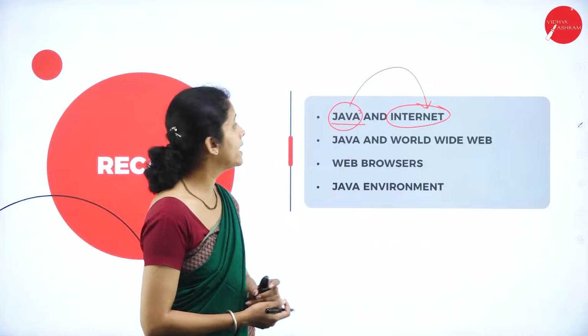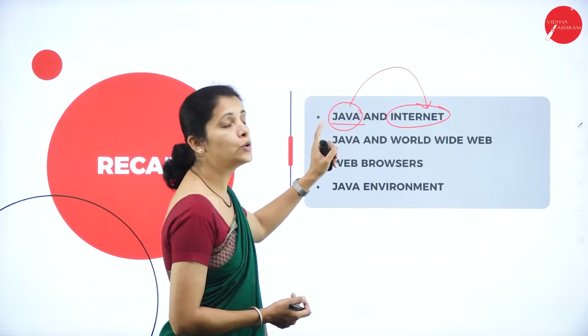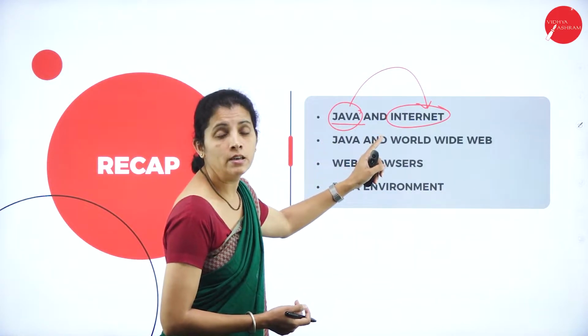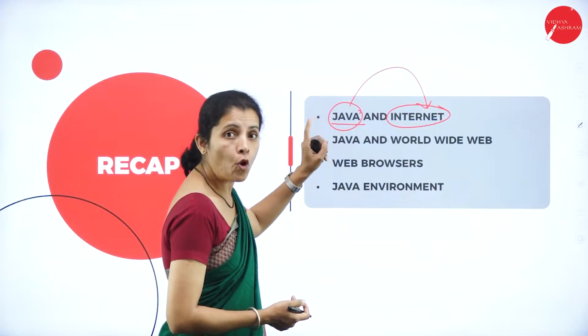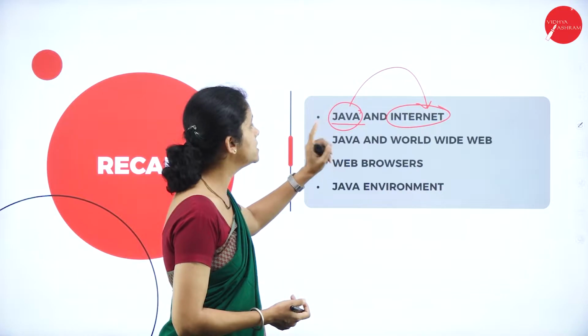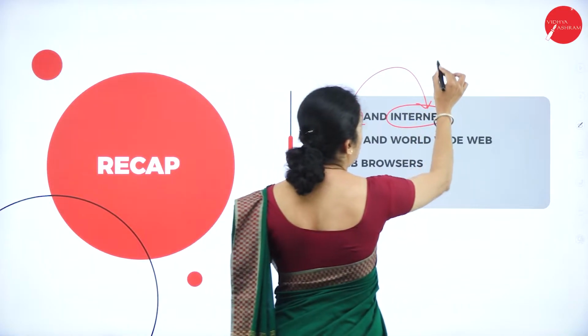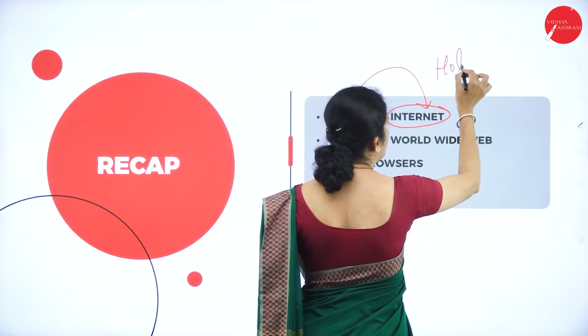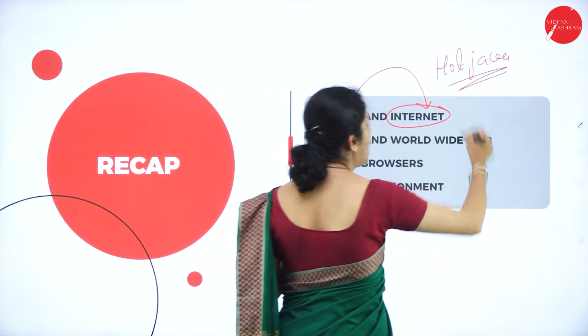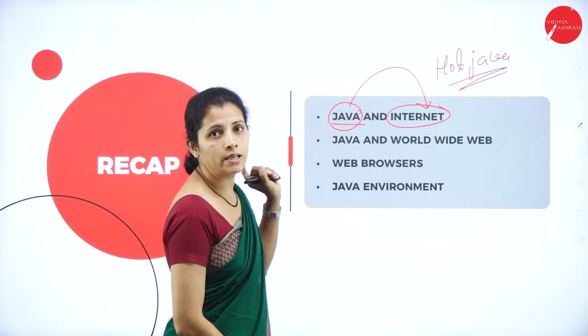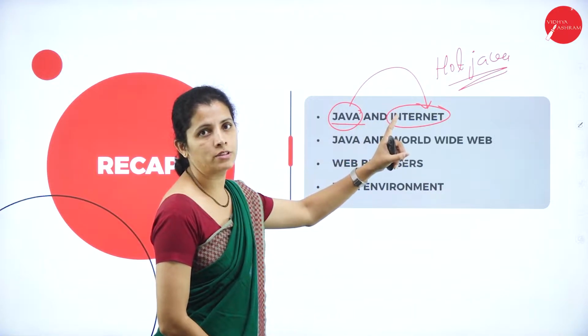Along with that, another point you have to remember here is that the first application developed using Java is HotJava. And what is this HotJava? It's nothing but a web browser.